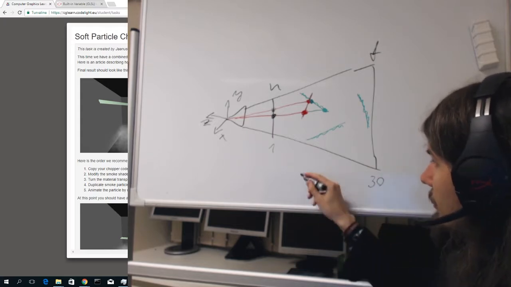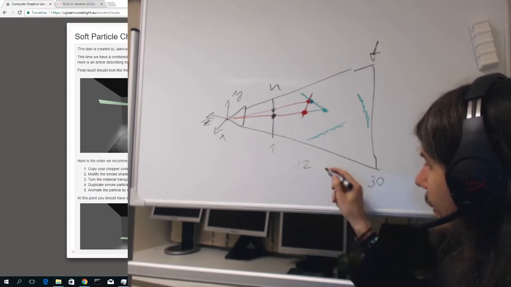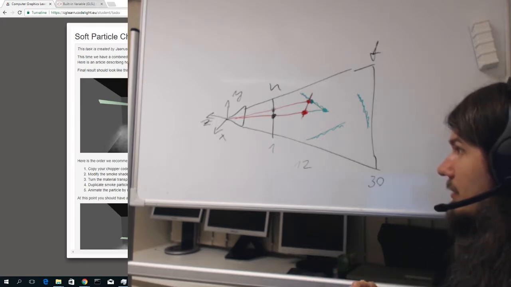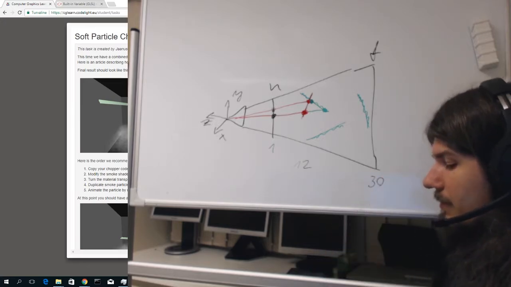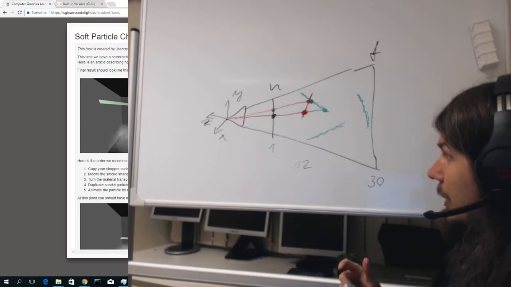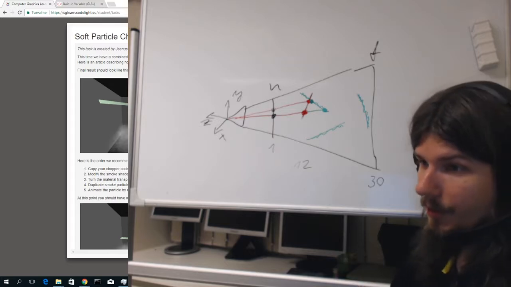So we get values like, I don't know, 12 here. But the texture we are drawing our scene onto can only hold values from 0 to 1. So this is also something we need to deal with at some point.